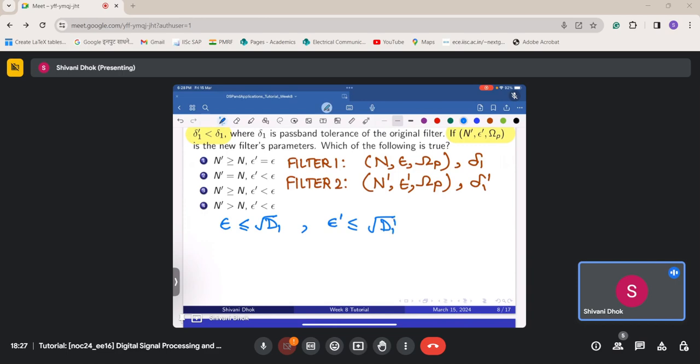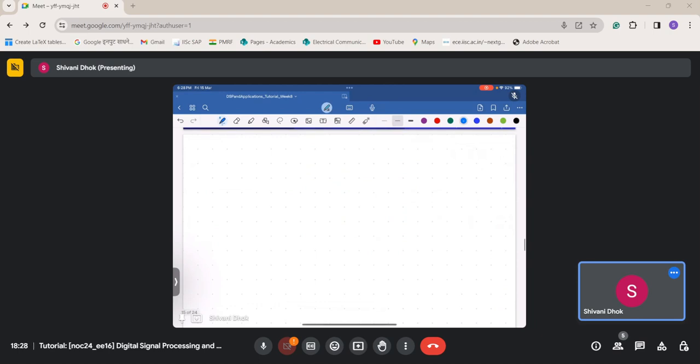If we set the best possible values, we can set epsilon as under root d1 and epsilon prime as under root d1 prime. Now what is this d1? By definition, d1 is 1 upon (1 minus delta 1) square minus 1, and d1 prime is 1 upon (1 minus delta 1 prime) square minus 1.